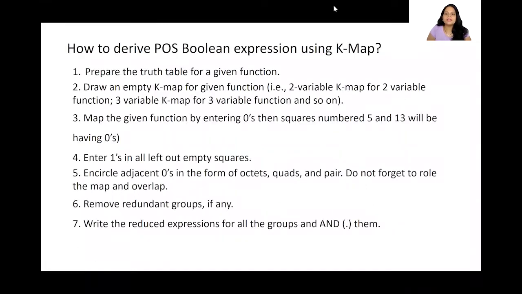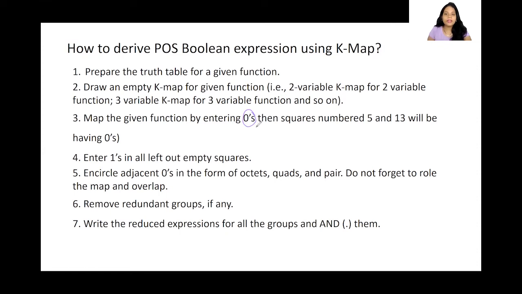Now, let's see the steps involved in reducing a POS. First, prepare the truth table for the given function. After that, draw an empty K-map for the given function. It may be for two variables, three variables, or four variables. Next, we map the function by entering zeros.